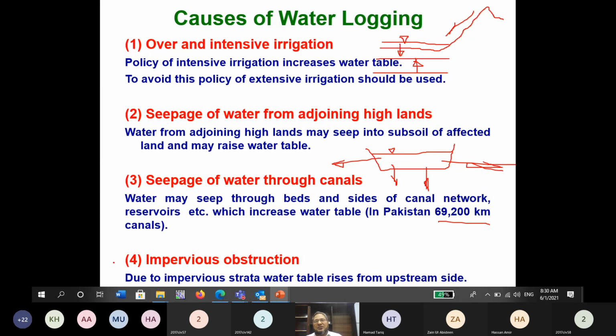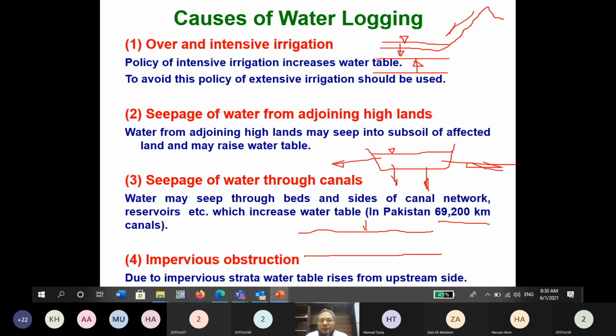So number 4 is the impervious obstruction. If there is some impervious obstruction below the surface, meaning some impermeable layer, then water doesn't percolate down, and then it comes on the surface. An example is like this: this is our land, and here there is an impermeable layer.